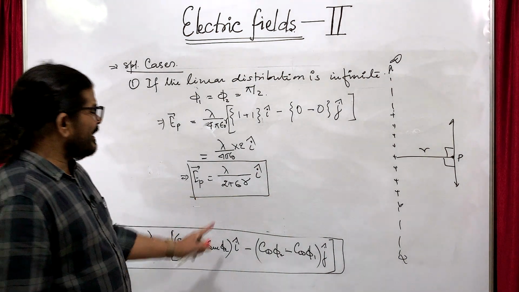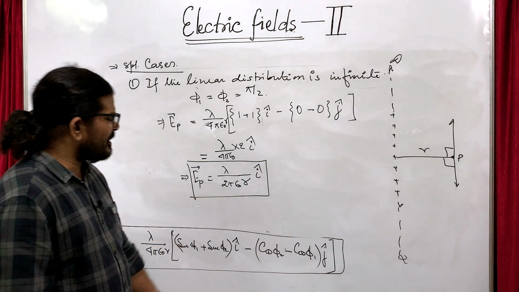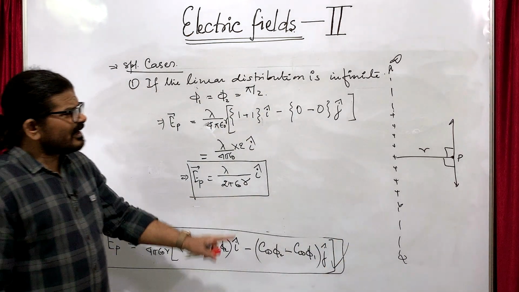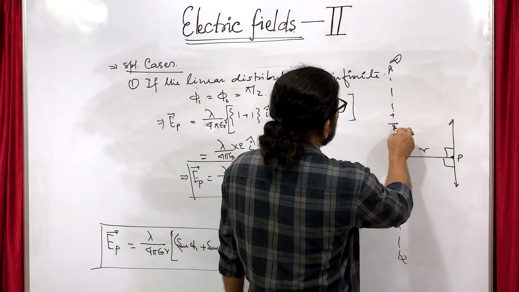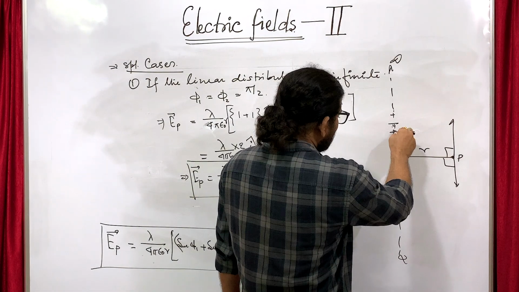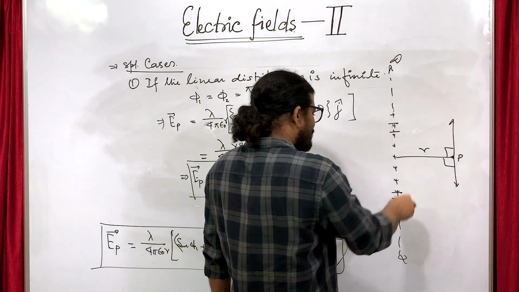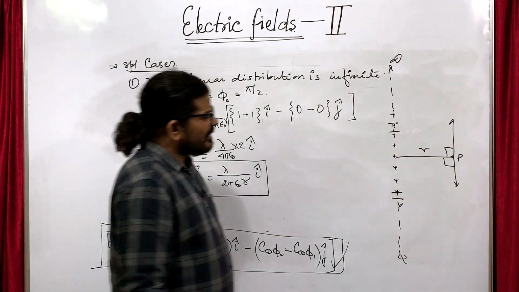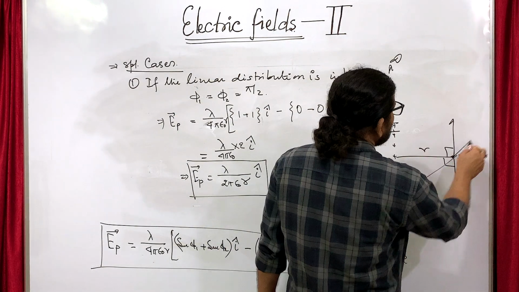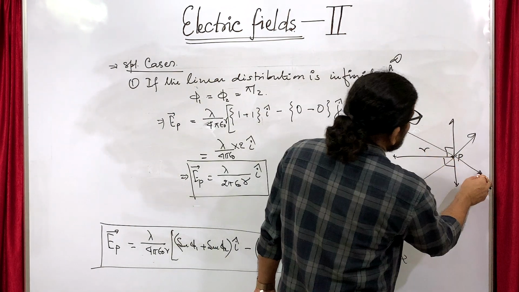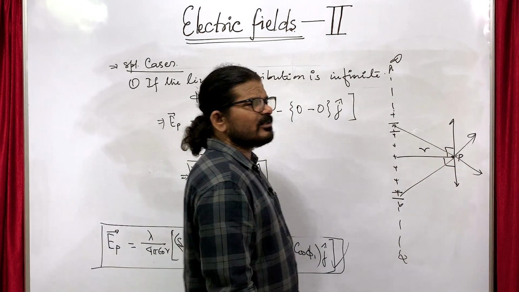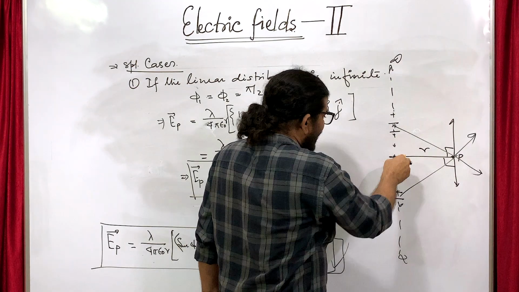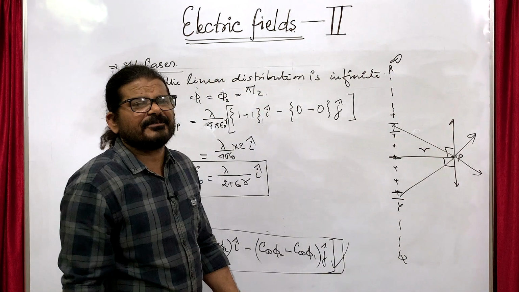Now see, why are we not receiving the J component? Now we will apply this. Suppose we have taken an element here, and you take another symmetrical element on the other side of the line of reference. So see, here the electric field will be directed along this direction, and due to this element, it will be directed along this direction, and this also goes from 0 to infinity, and this also goes from 0 to infinity.